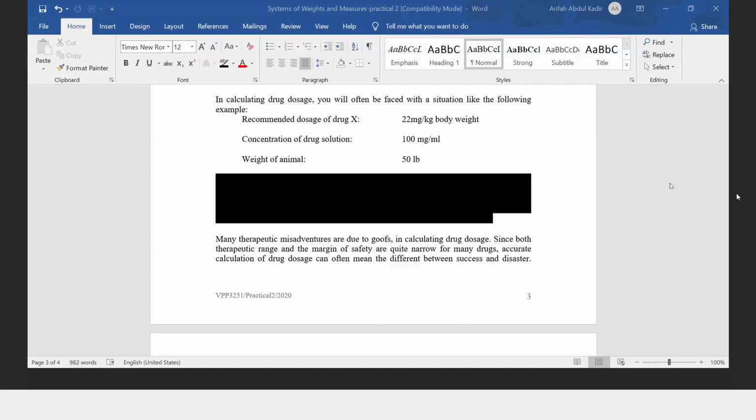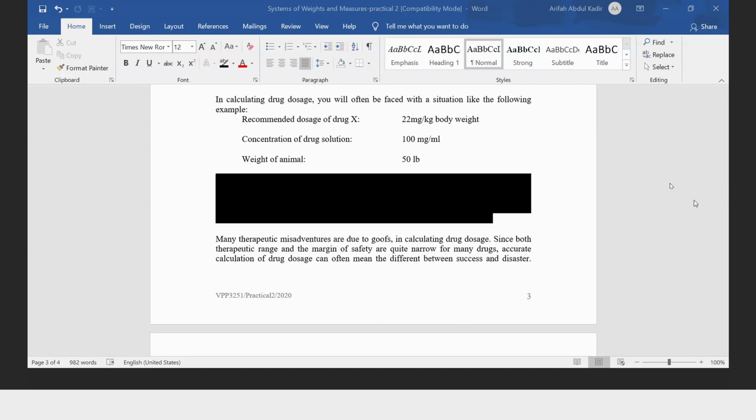Then I multiply the weight by the recommended dosage of 22 milligram per kilogram, and I get 498.95 milligram.